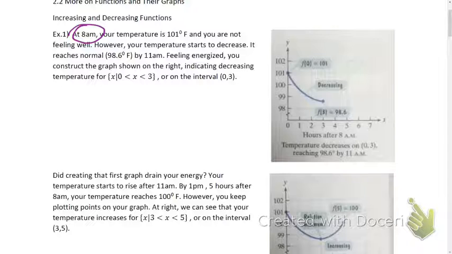So that means at 0, right here, 0 is 8 a.m. And notice on the x-axis it says hours after 8. So naturally 0 would be 8, which means 1 would be 9 o'clock, 2 is 10, 11, 12, 1, 2, and 3 p.m. So hopefully that helps you understand.